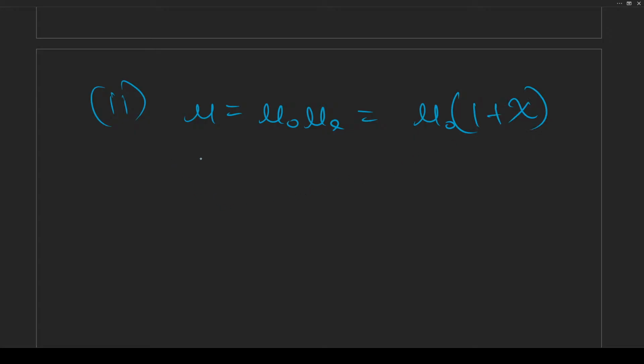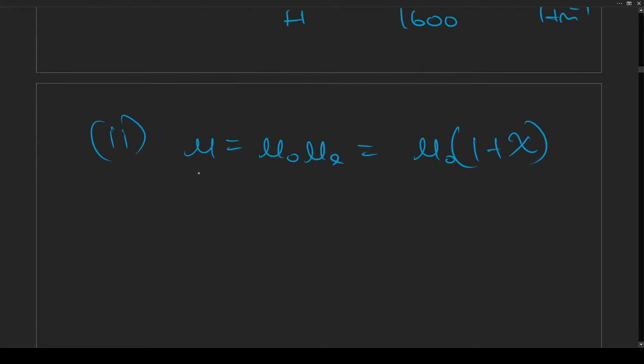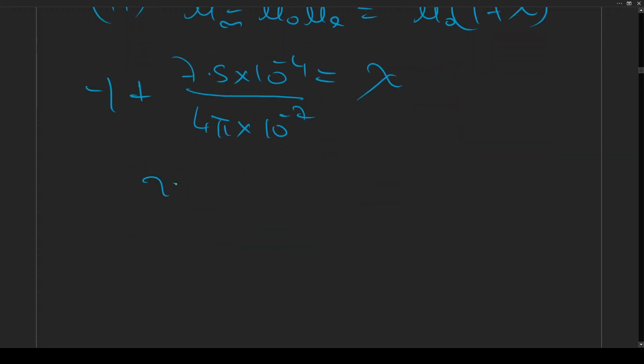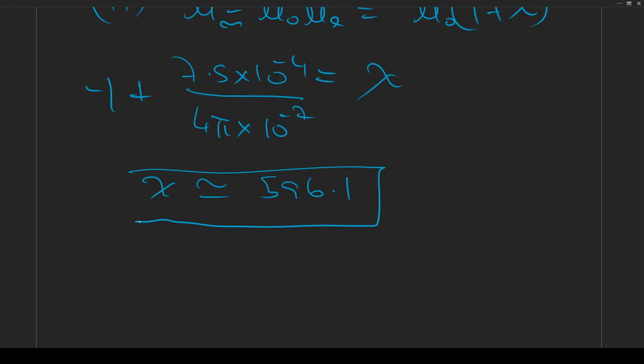So mu m value 7.5 into 10 power minus 4 by 4 pi into 10 power minus 7, minus 1, equals chi. We will get chi approximately equal to 596.1. There is no unit for susceptibility.